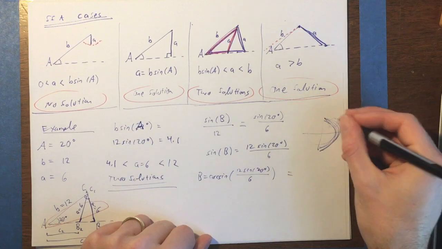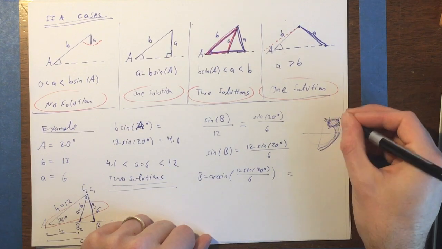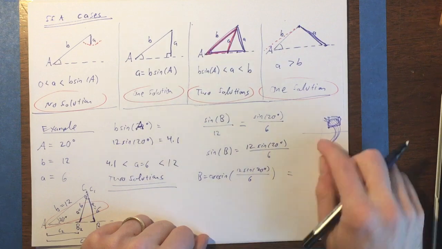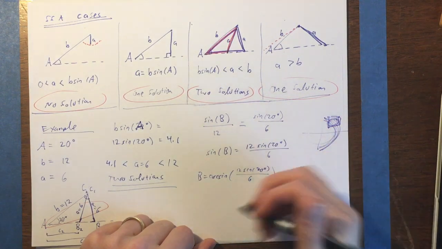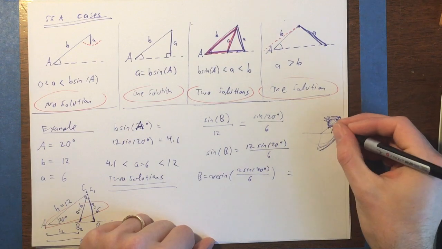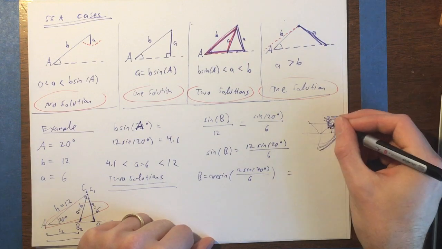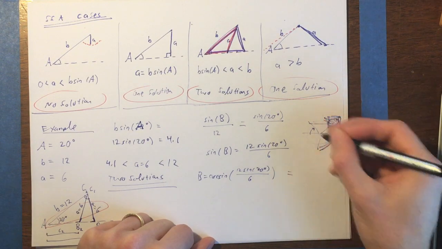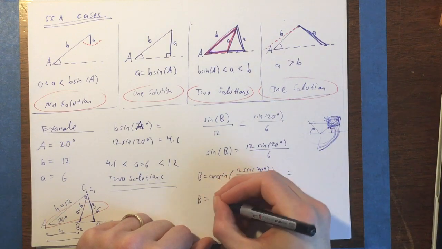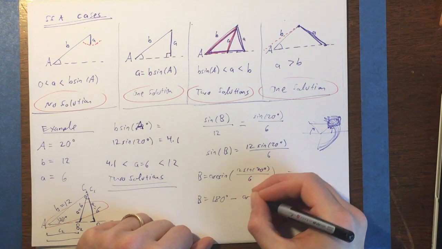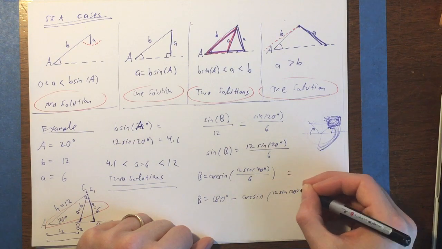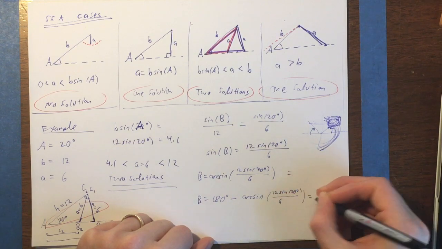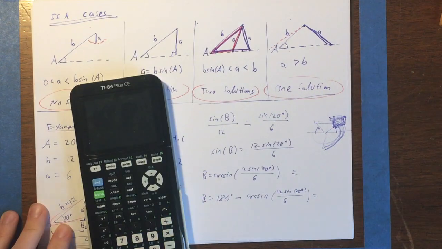So in this case, it should give us something up here, because this ratio is positive. So it'll give us an acute angle in the first quadrant. The other possibility, besides that, would be the reflection over the y-axis, which would be 180 degrees minus that value. So we're going to calculate both of these things and see what we get.